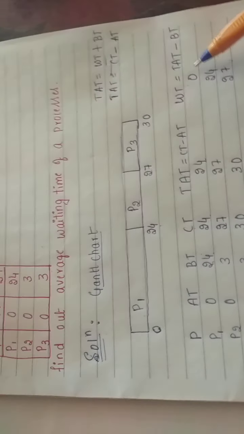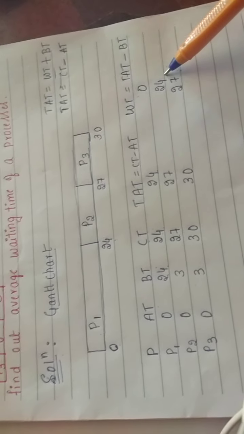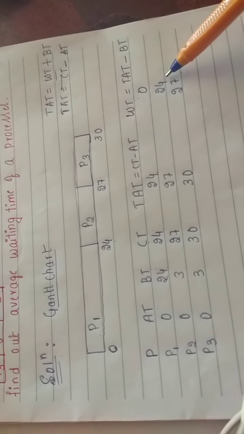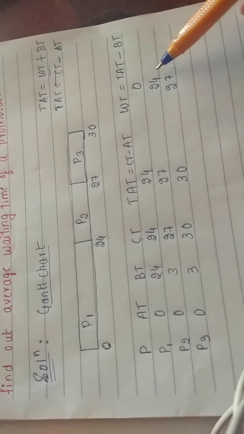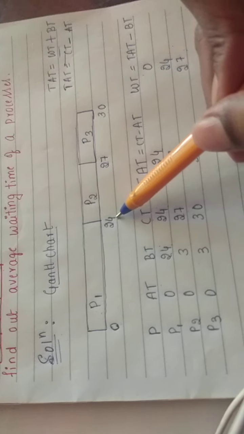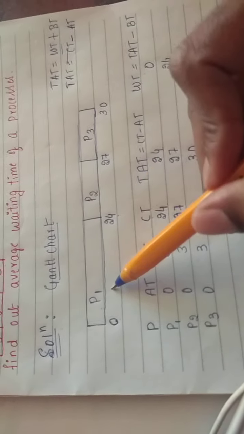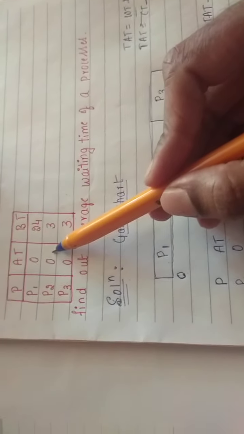In the same way, for process P2 the waiting time is 24, which tells us that process P2 waited up to 24 milliseconds. We'll cross verify in the Gantt chart. Process P2 started execution at 24 milliseconds, soon after completion of process P1, but it arrived at 0 milliseconds.